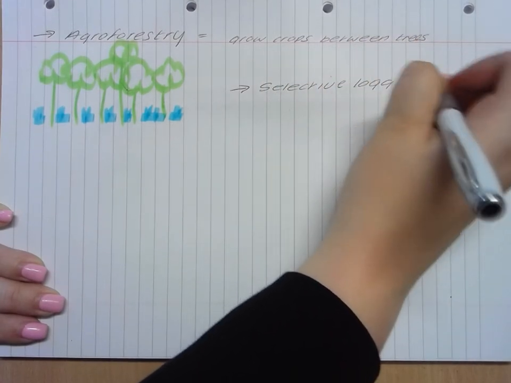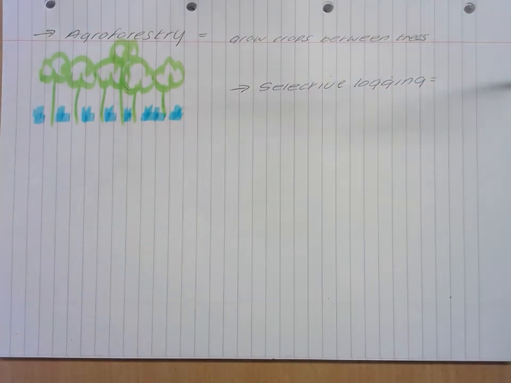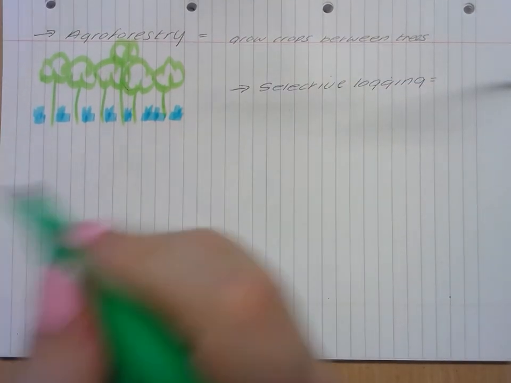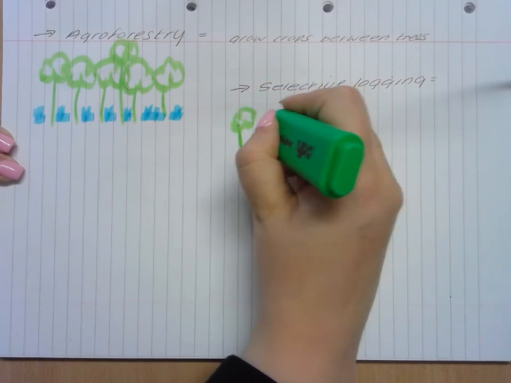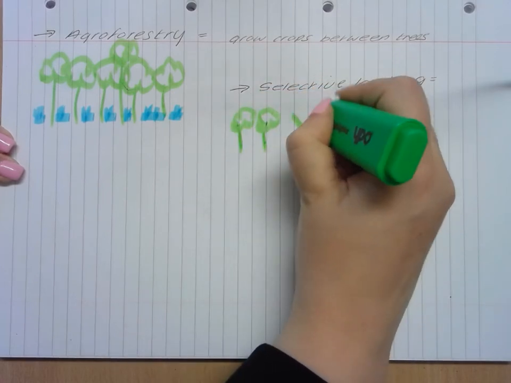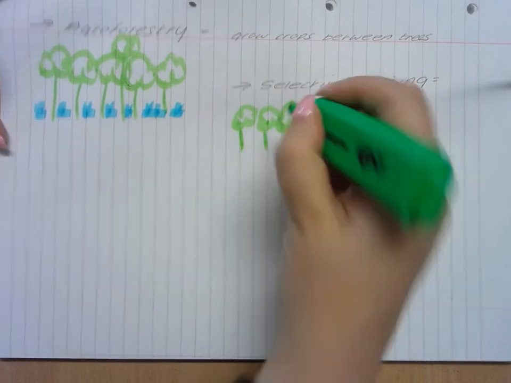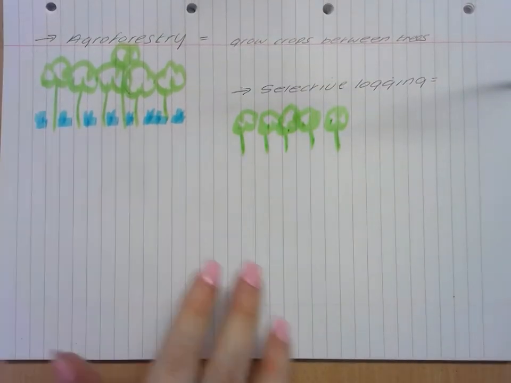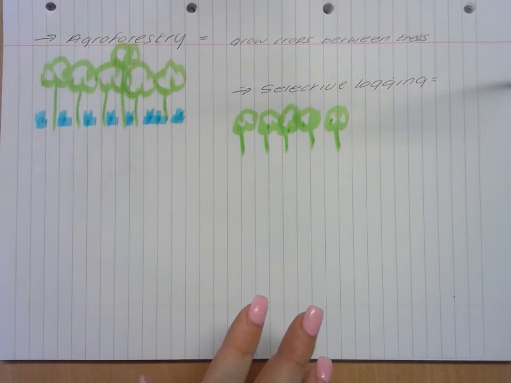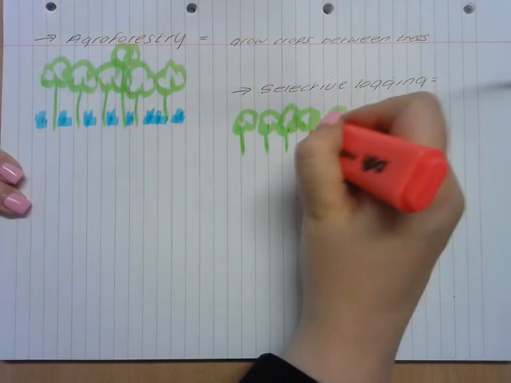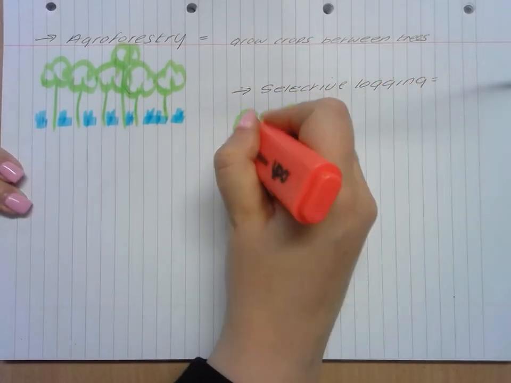Okay, selective logging. Now what this means is, here's your trees here, okay? Now, you say you are only going to chop down a certain species of tree or a certain age of tree. So say this tree is old and this tree is old.